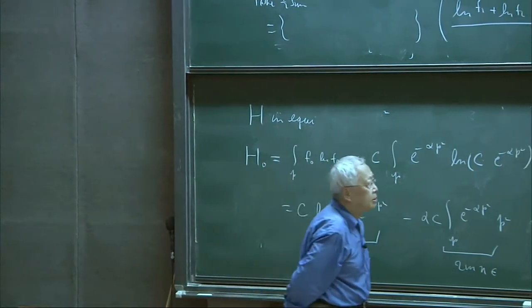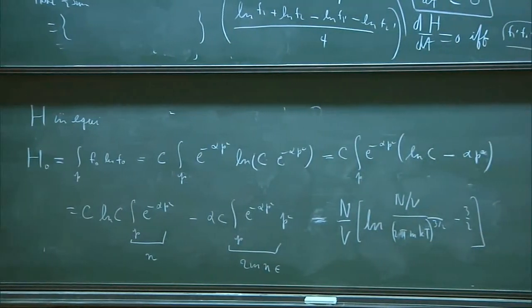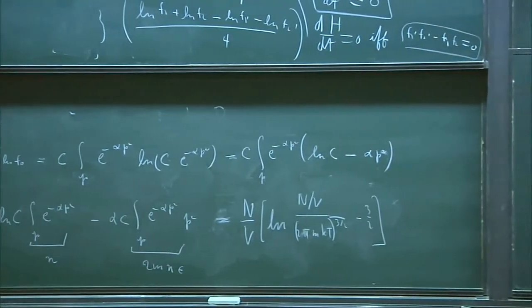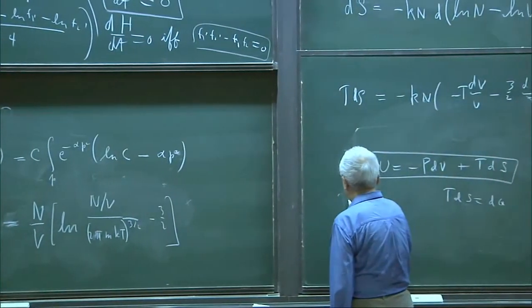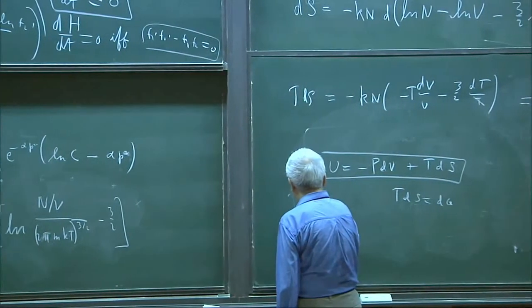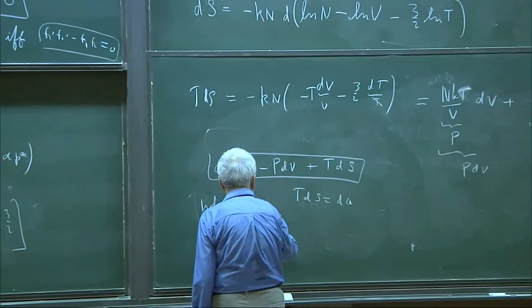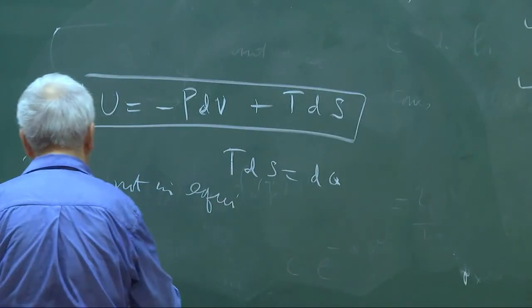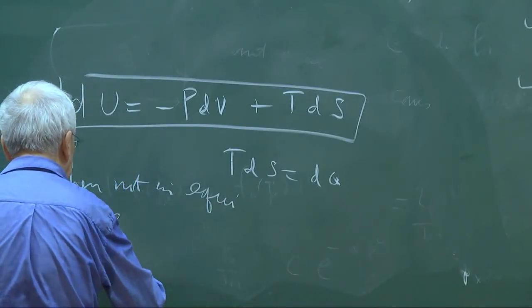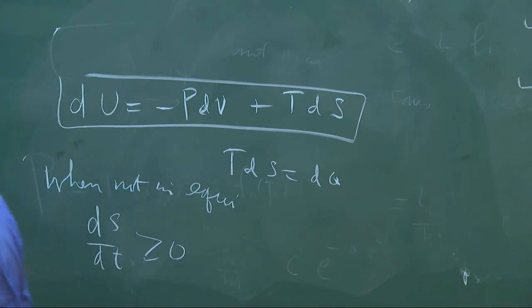So now if S is the entropy in equilibrium, then when not in equilibrium, we must have dS/dt is greater than or equal to 0 from the H theorem.